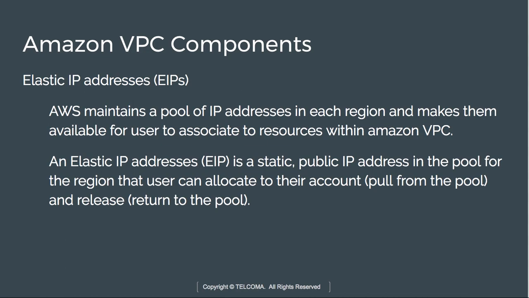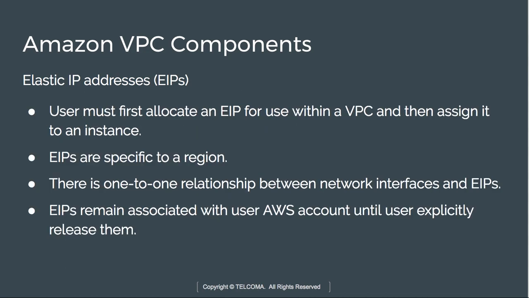An elastic IP address is a static, public IP address in the pool for a region. Users can allocate it to their account, pulling from the pool and releasing it back to the pool. That's why they are called elastic IP addresses.